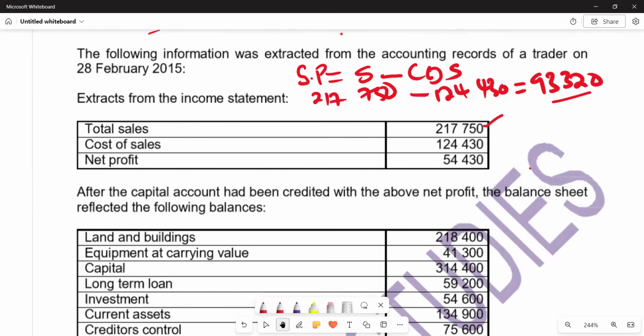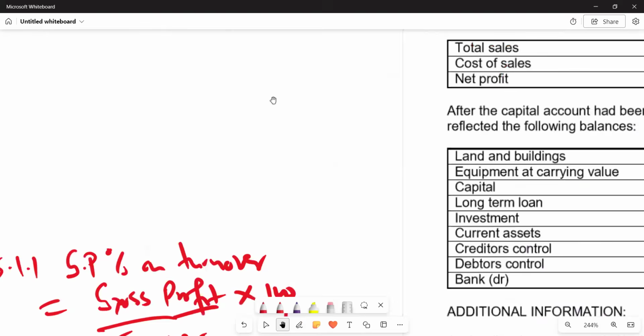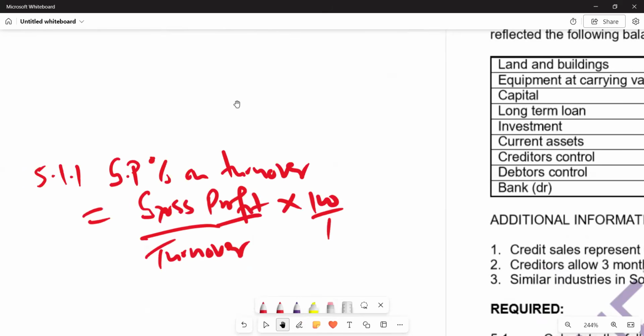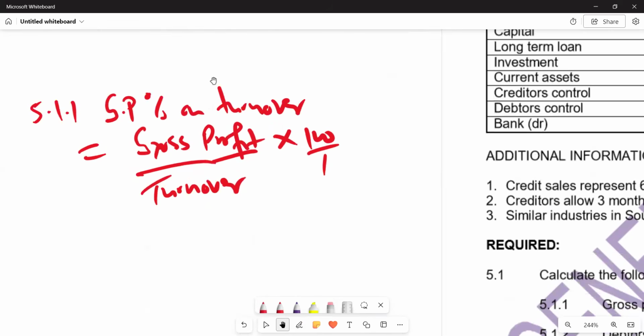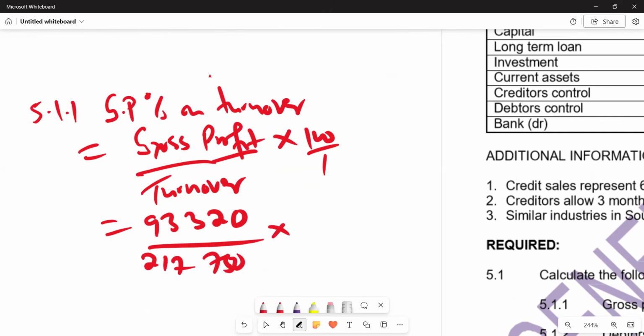So we are just going to substitute those figures in the formula. We say 93,320 divided by 217,750, multiplied by 100 over 1.